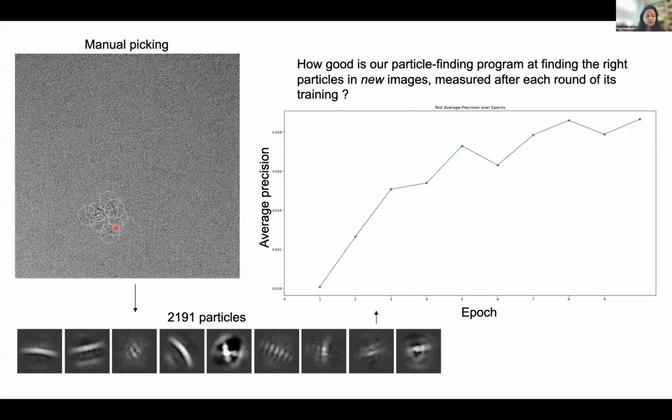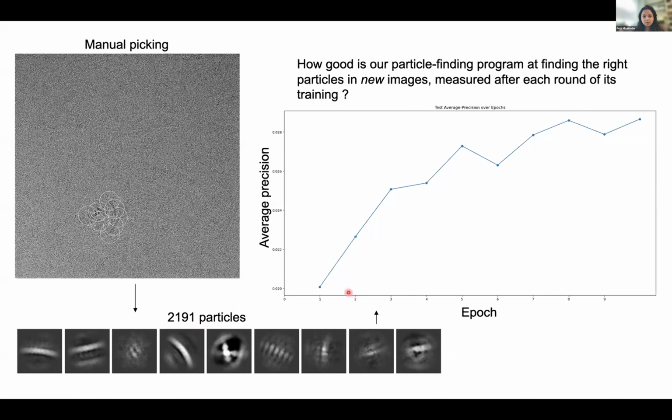So I decided to start particle picking manually, and I manually picked around 2,000 particles. The 2D classification was encouraging, because in the side view you can see the repeat units, and these are the front views of the filament.